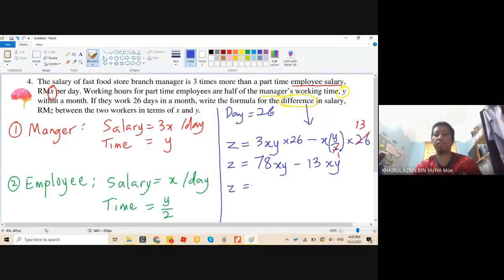So Z equals 78 minus 13, which is 65, so 65XY. This is the answer, the difference between the salary for manager and part-time employee. You need to jot down all the information first, breaking down the info before you can write the answer. So this is the answer, 65XY.